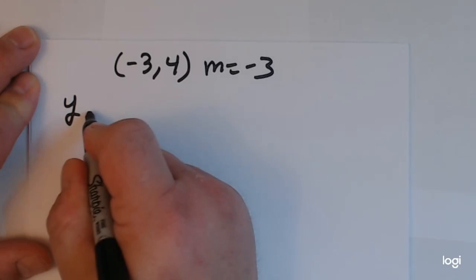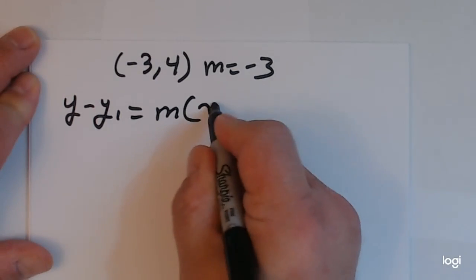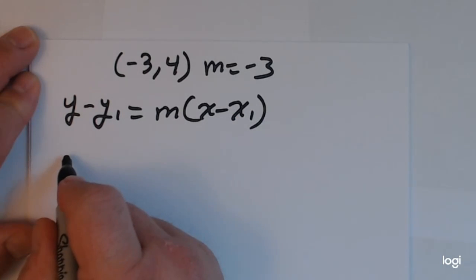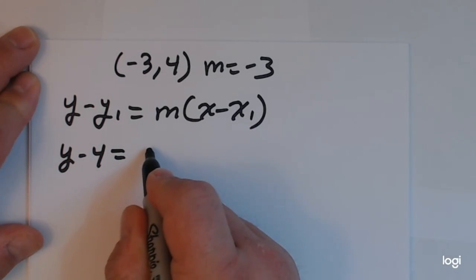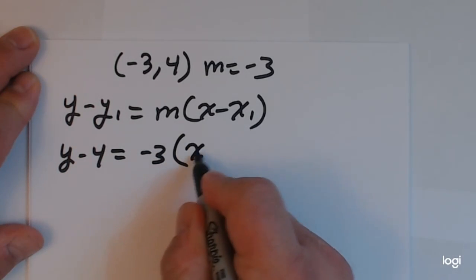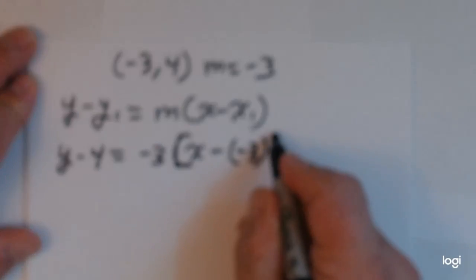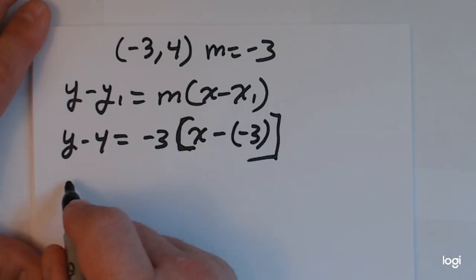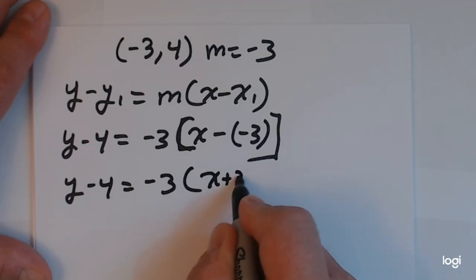we're starting here. y minus y sub 1 is equal to m times x minus x sub 1. So y minus 4 is equal to negative 3 times x minus negative 3. So y minus 4 is equal to negative 3 times x plus 3.